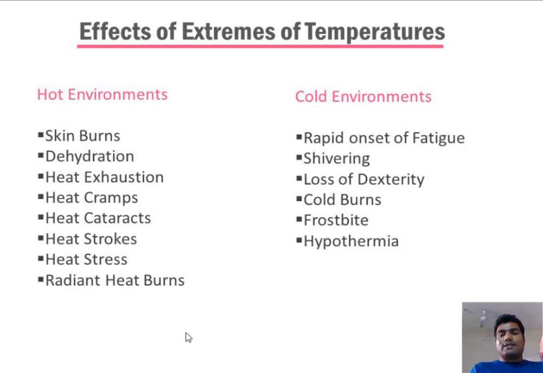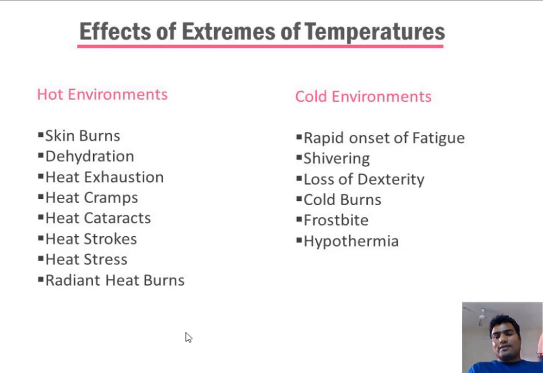What do you mean by dehydration? Dehydration means lack of water in our body. And heat exhaustion, heat cramps, heat cataracts, heat stroke, heat stress, and radiant heat burn. These types of effects may occur in our body.